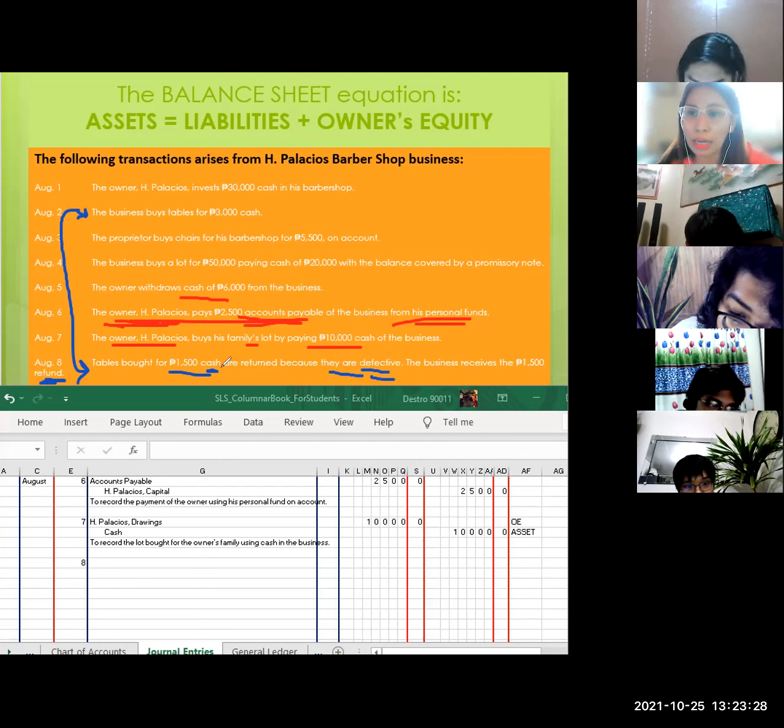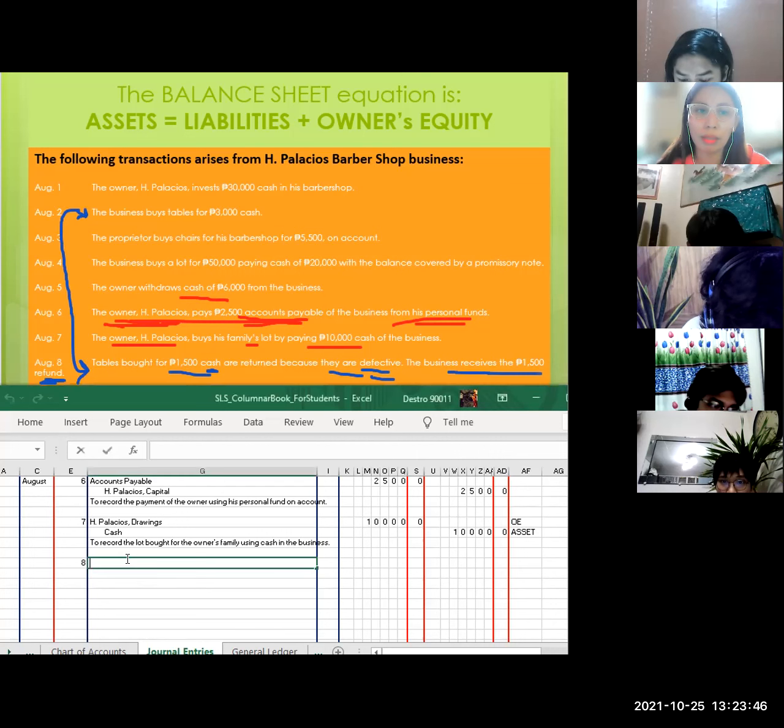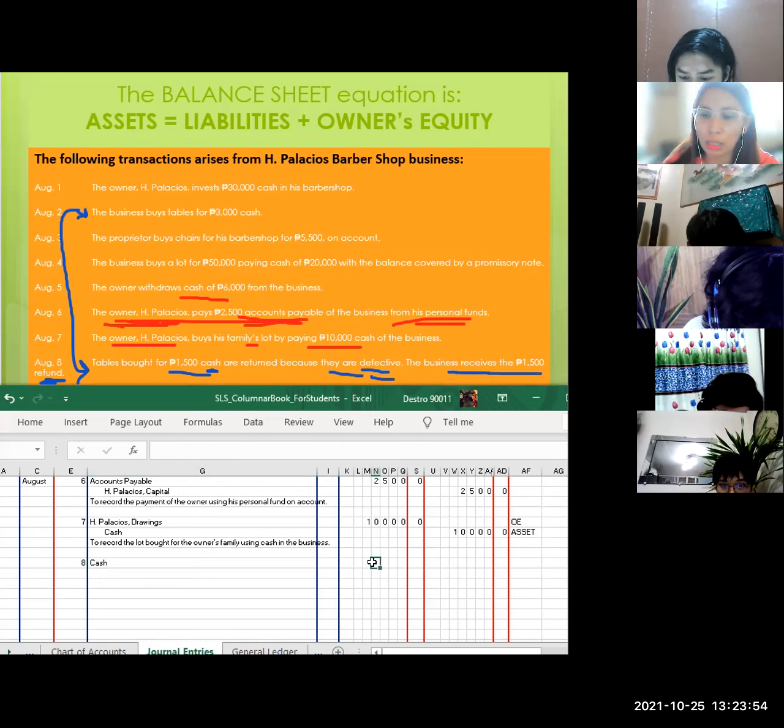So if we are to analyze the transaction, the business receives 1,500 pesos. The business receives an amount, therefore it increases cash. First entry, debit cash, 1,500.